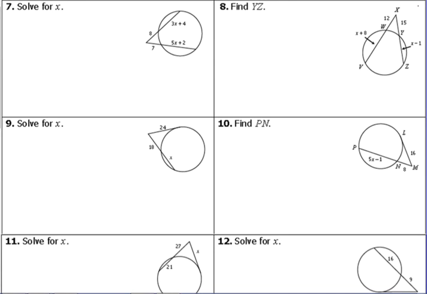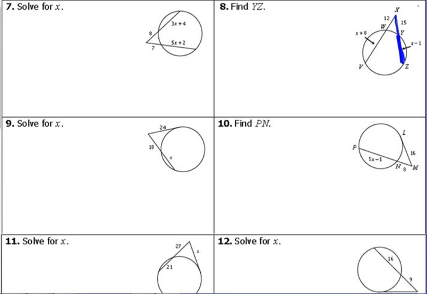Let's look at number 8. Number 8 says find YZ. So I'm going to go ahead and highlight what eventually I'm trying to find. I'm trying to find that segment length. Right now it has a variable expression, so I know I'm going to have to go back and plug in.